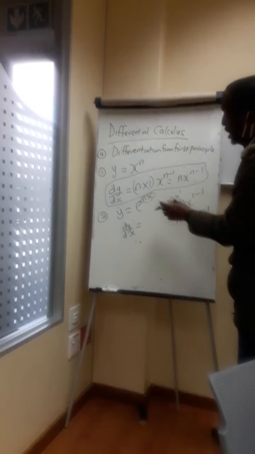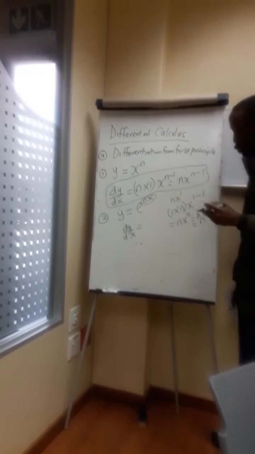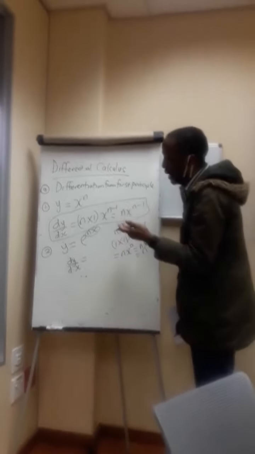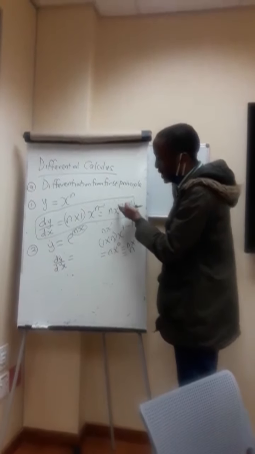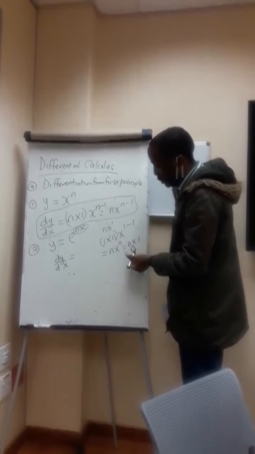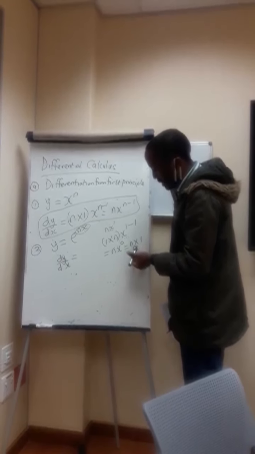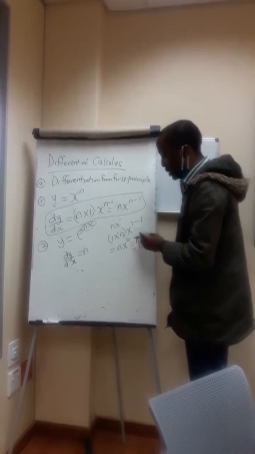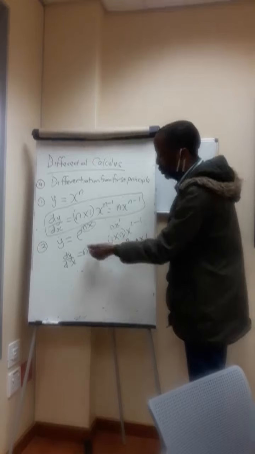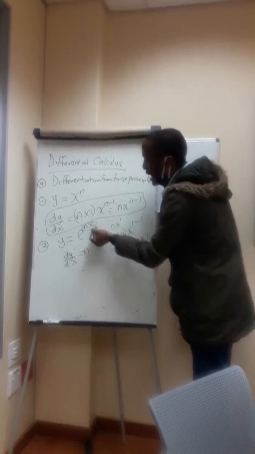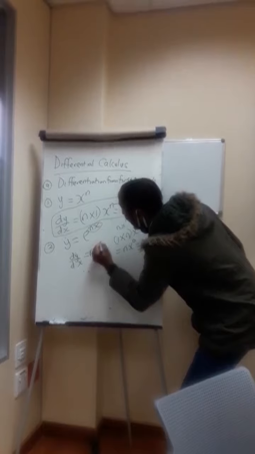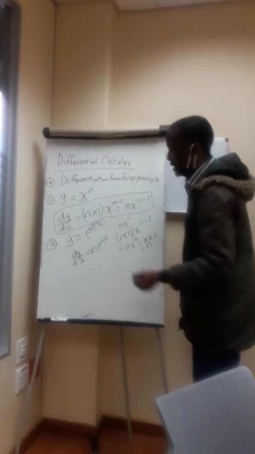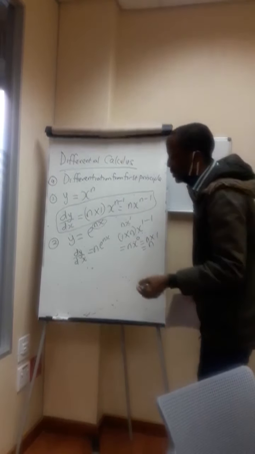So when you differentiate e raised to nx, what we are trying to do is take the power in the exponential, differentiate it using our normal differentiation of the mathematical function that I've explained in the first example, and any result you get for the differentiation of your power of the exponential is what you put down. Then you multiply it with the initial exponential function, which is e raised to the power nx. So when you differentiate an exponential function, this is the principle you need to use. I hope it's very clear.